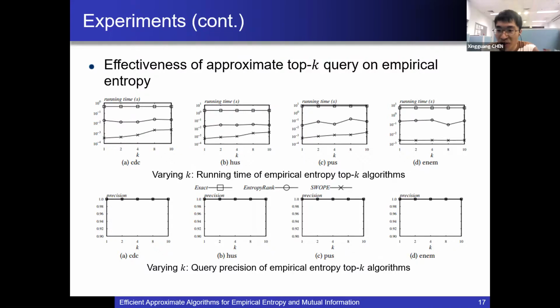As we can observe, our SWAP consistently outperforms entropy rank and is an order of magnitude faster than entropy rank in most cases. Compared to exact, our solution further achieves up to 3 orders of magnitude improvement in terms of running time. All 3 solutions provide the exact top K answers, achieving 100% accuracy in all cases.